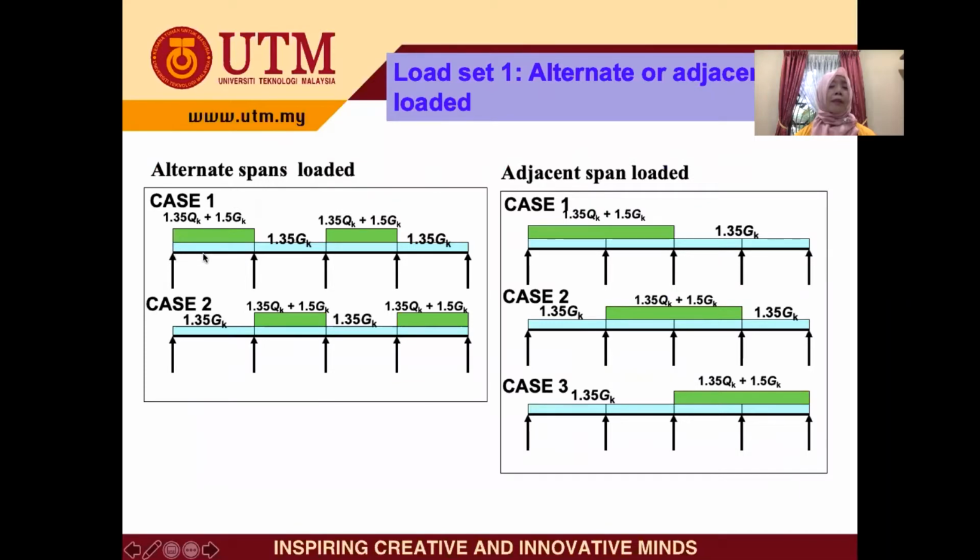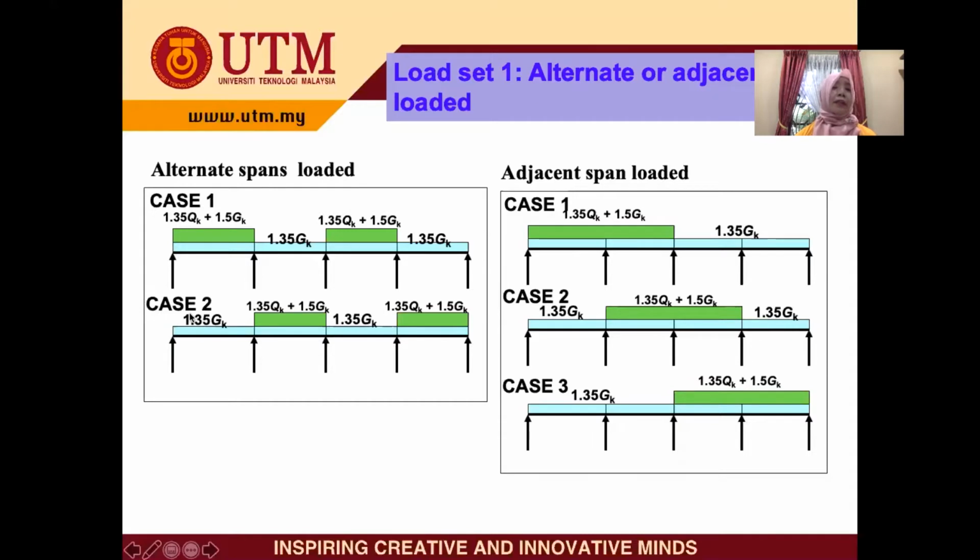If we have a continuous beam like this, let's say we have 4 spans. In case 1, from the alternate span loaded, alternate means we apply the maximum load, then the other span minimum, then maximum, then minimum. It is called alternate span loaded.